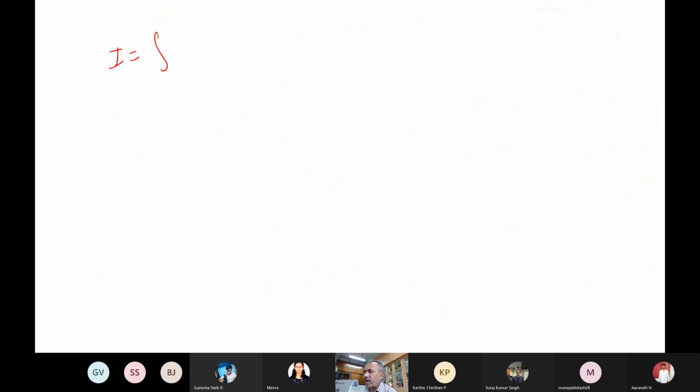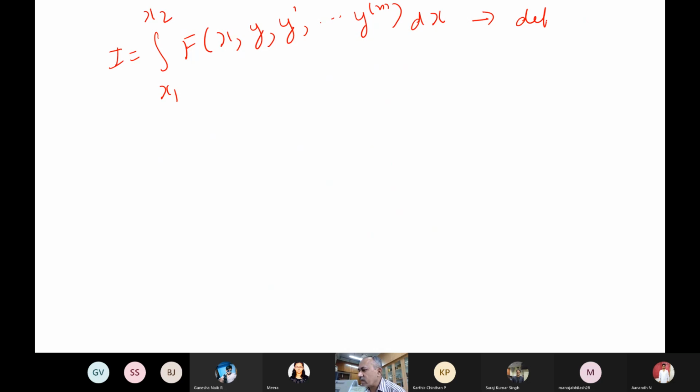Finally you may have an integral also. So I have a function from x1 to x2, and we define the functional like this. It may be a function of y, y dash, and other derivatives, dx. So this is my definite integral.